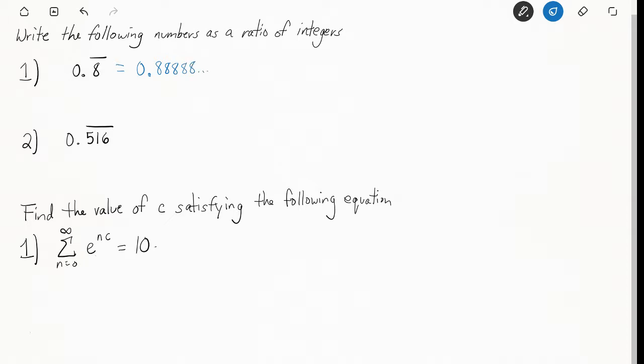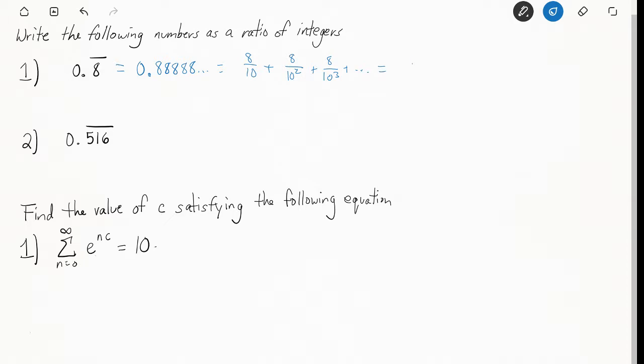And what actually happens is this equals 8 over 10 plus 8 over 100, or 10 squared, plus 8 over 10 cubed, plus yada yada yada. Okay, so at the end of the day, what does this equal?